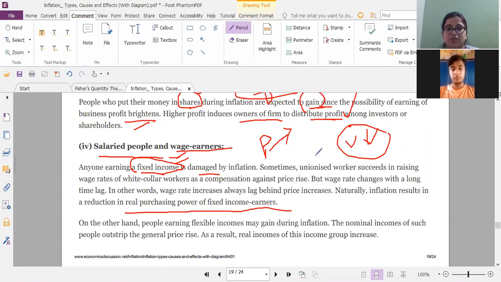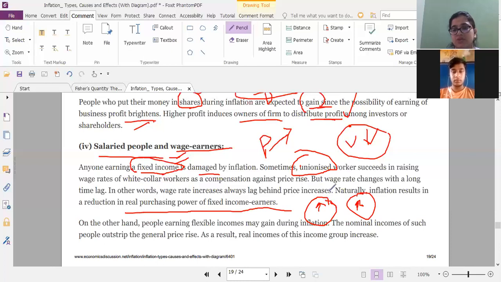due to this trade unions pressure, the wages of workers may increase, but when this inflation is there in the market, or when the prices are increasing, there is a time lag. You must observe that this increase in wages is not going with increase in inflation.